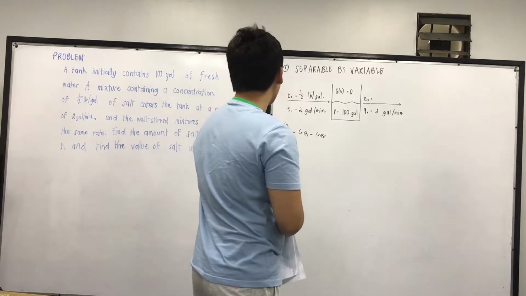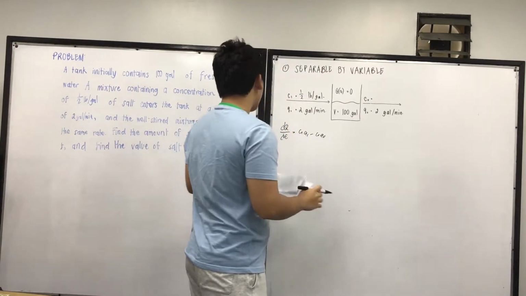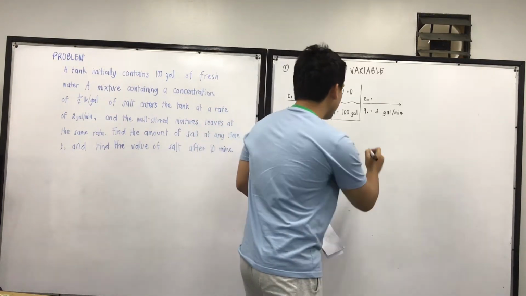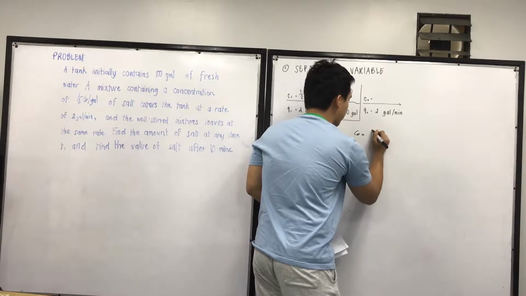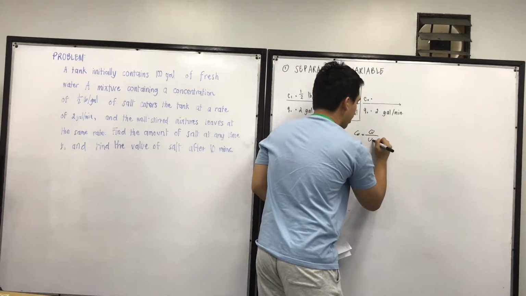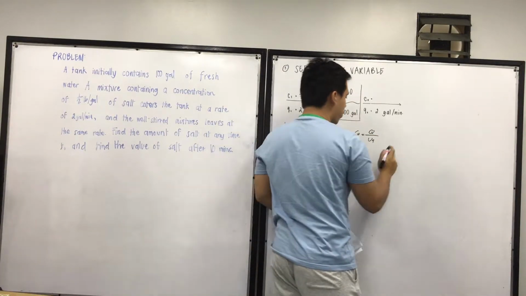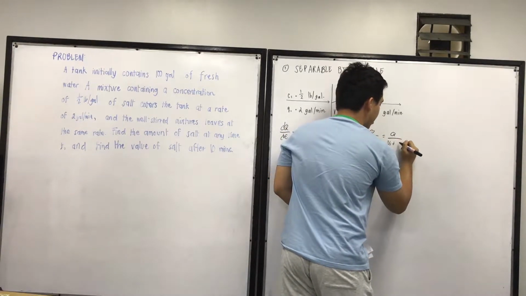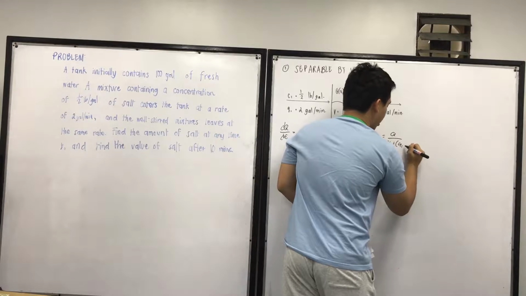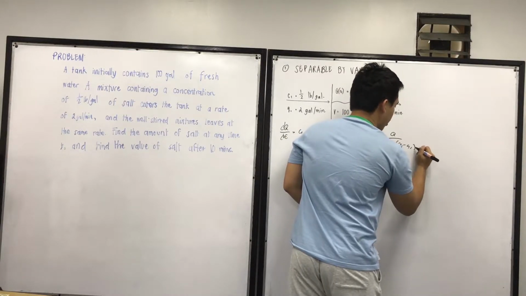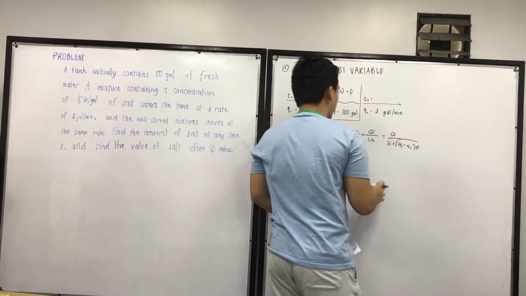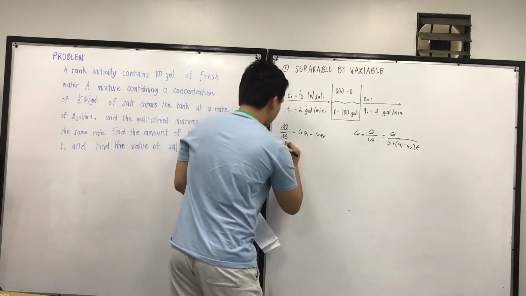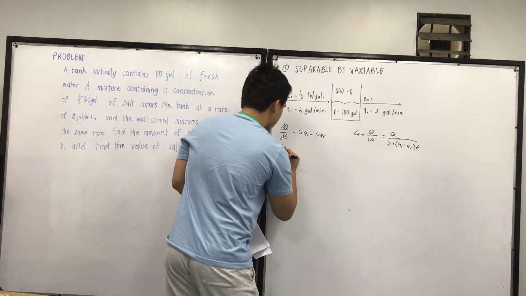In this problem, all parameters are given except Co. So Co equals Q over Vt, and Vt is equal to Vi plus Qi minus Qo times time. So input the parameters in this formula.